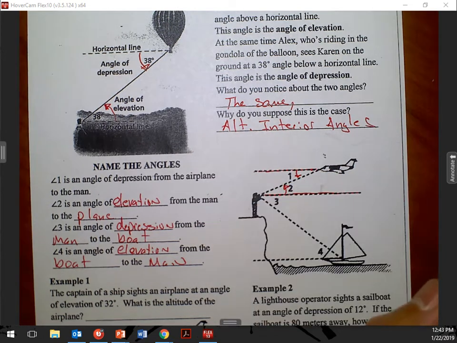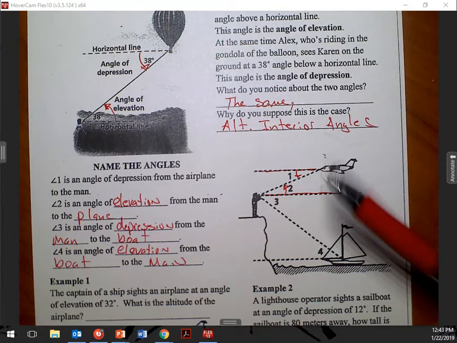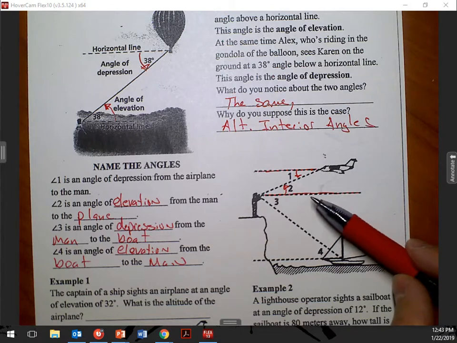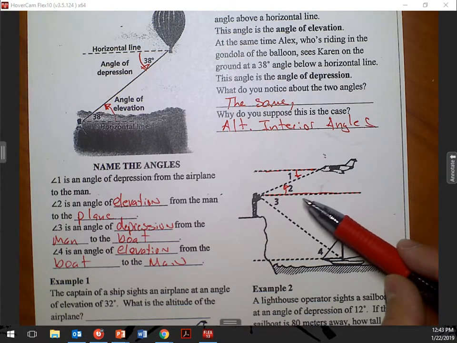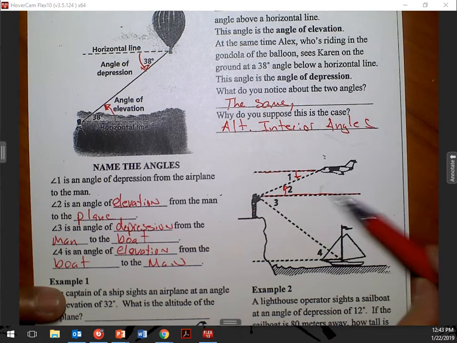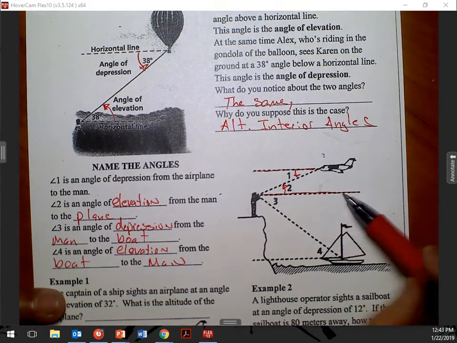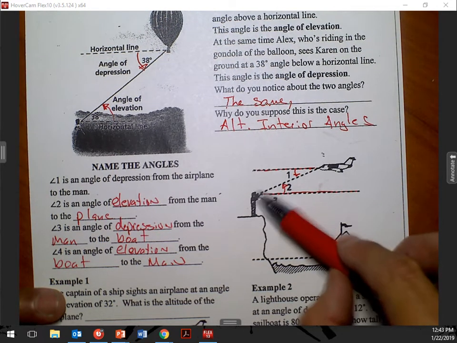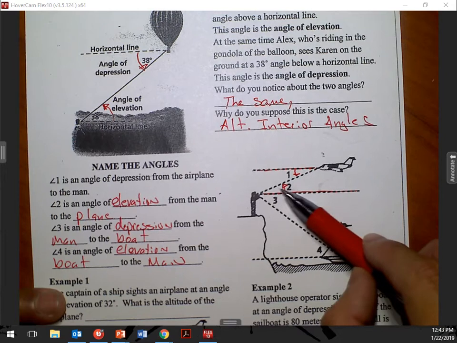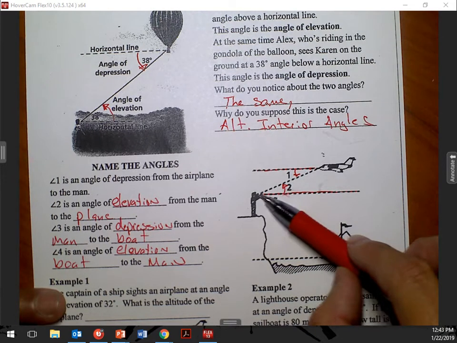Is that clarified a little bit? Or did I just confuse you more? Okay, so do you understand that this is the horizontal line, right? Yes. Okay, so if this is my horizontal line, this is starting from the man down here, where angle 2 is over here. So it's from the horizontal line.